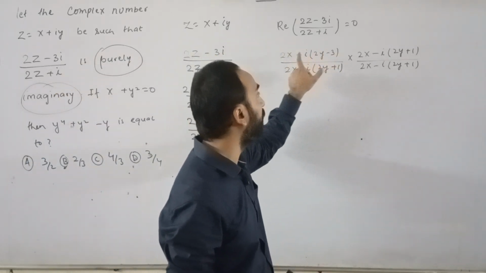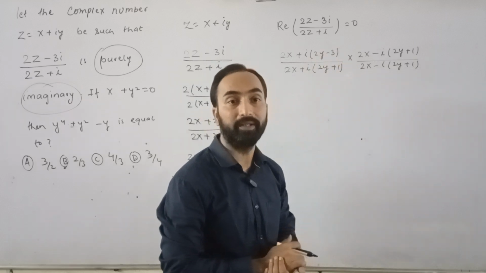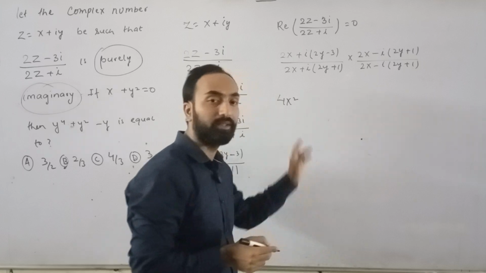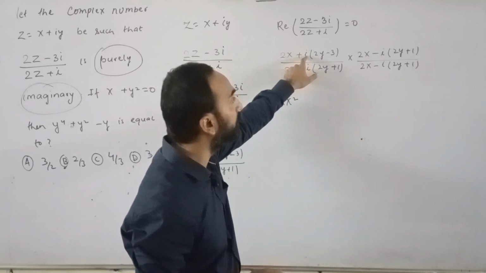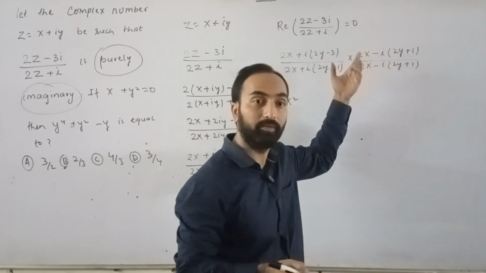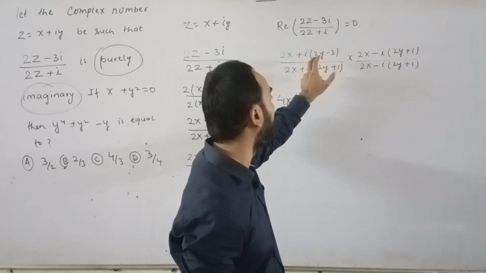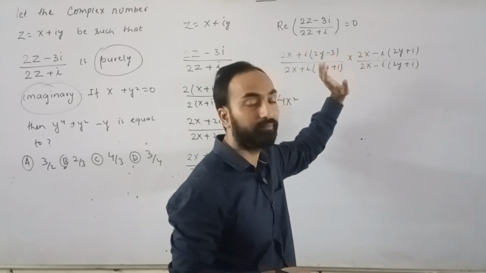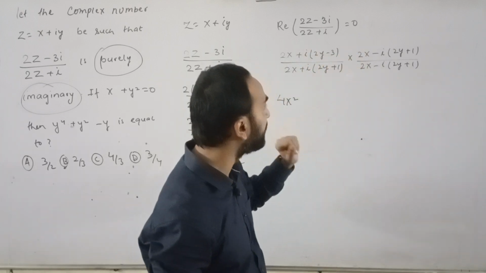When we multiply 2x into 2x, it becomes 4x². This part we multiply because we get something real. The first part multiplied with the i part becomes imaginary, so there is no need of multiplication. Then i(2y − 3) multiplied by 2x will also give the imaginary part, so no need.